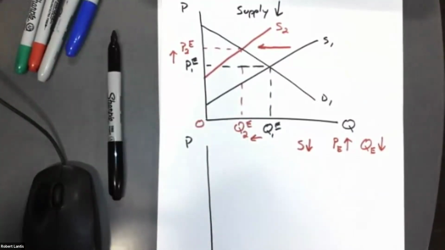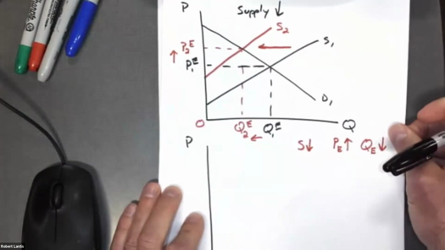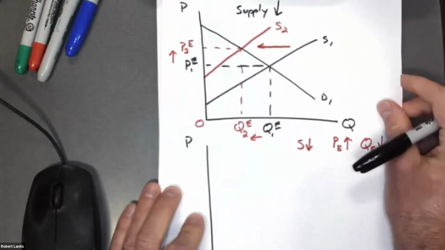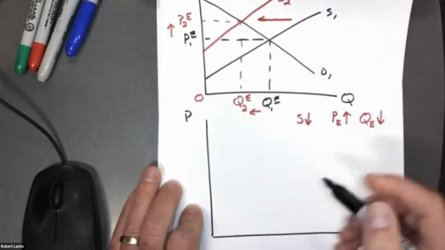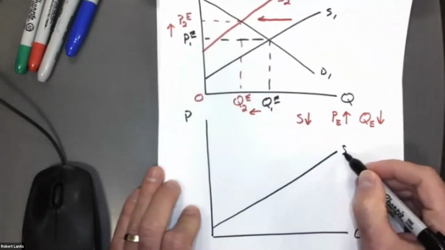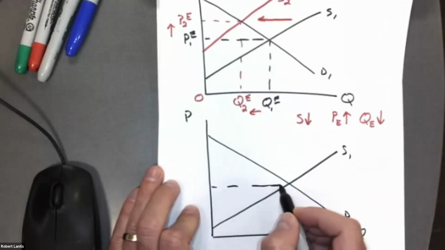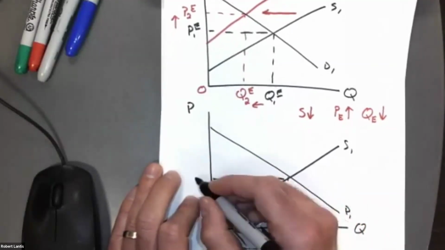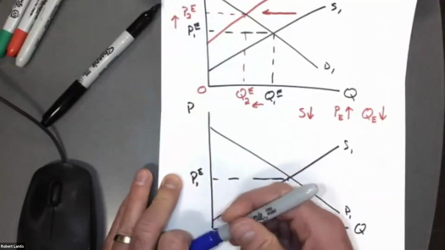Okay. Now, the next thing that changed was the price of gravel going up, which was a substitute in consumption. We said that would increase the demand for asphalt. So I'm then going to draw, okay, here was my initial equilibrium price and quantity for asphalt. This increase in demand, what is that going to look like?